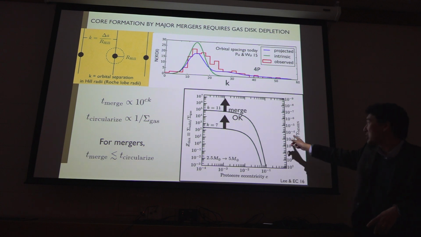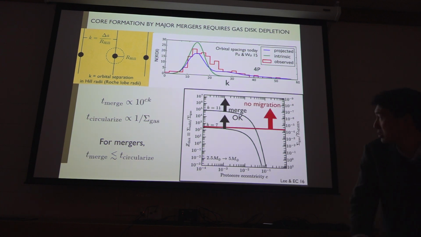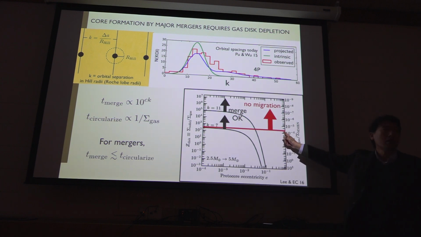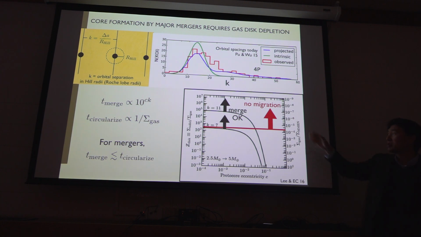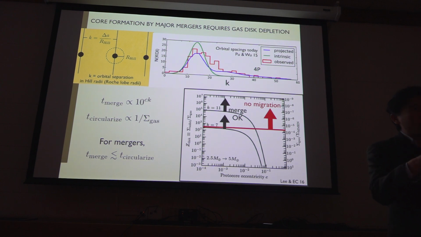Well, I'm going to overlay on this plot the surface densities required to shut off migration. That's given by this red line here. Everything above that is basically migration-free. There's just so little gas that the orbit shrinkage time, a over a dot, from type 1 migration, a.k.a. gas dynamical friction, is longer than the gas disk lifetime, which is measured in millions of years.